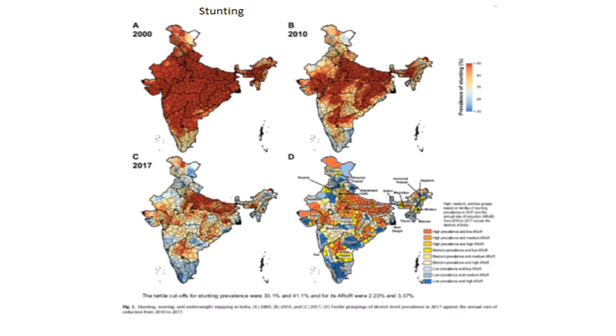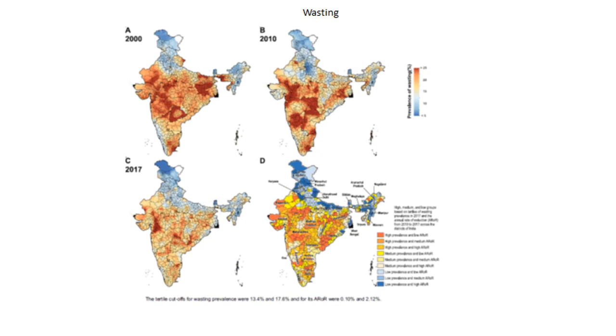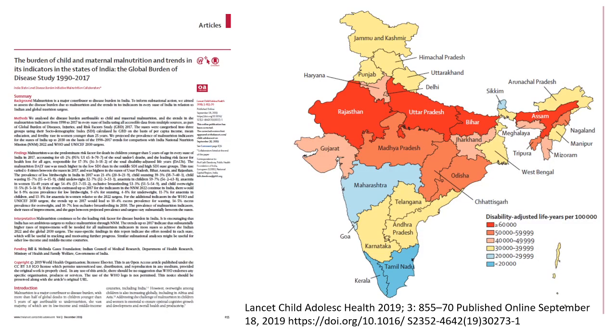You can see the change of color, so the rate of stunting decreased. And the same we can see for wasting, but it is still quite high, and you have to work very hard to change this situation.